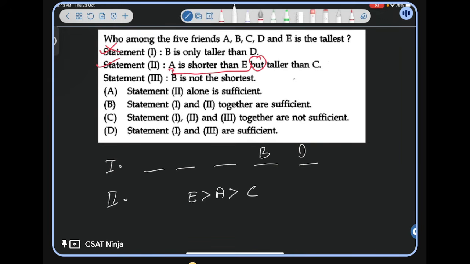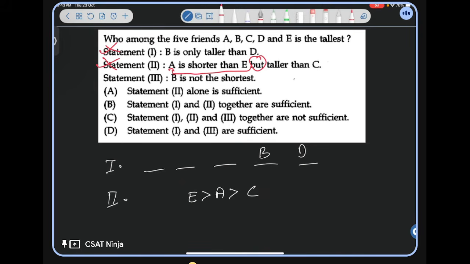Now what I can say is, using statement 2 alone is also not sufficient to answer, because I have this one, but I don't know whether the remaining 2 people will be placed here or here. We don't know. That's the reason why 2 alone is also not sufficient.